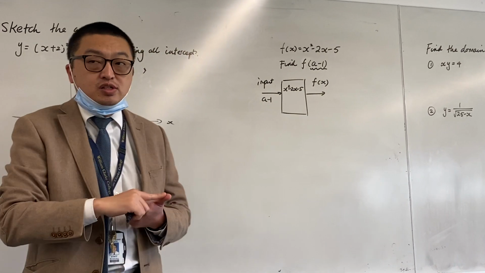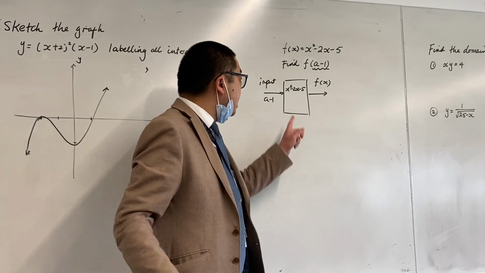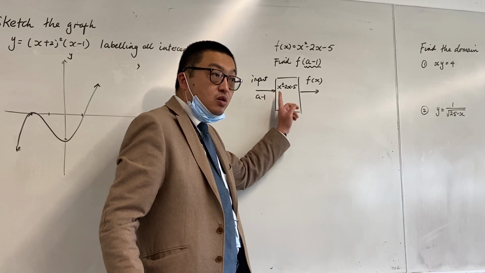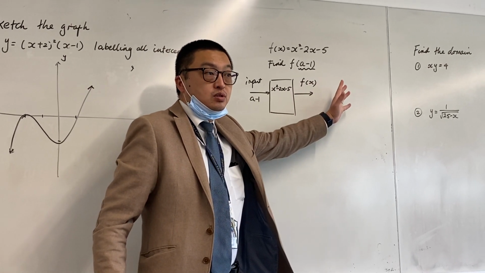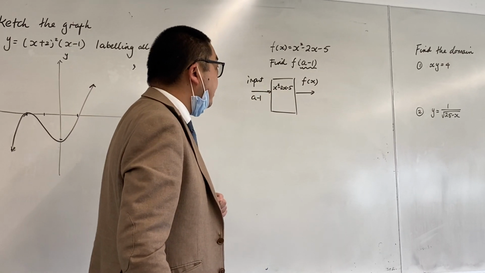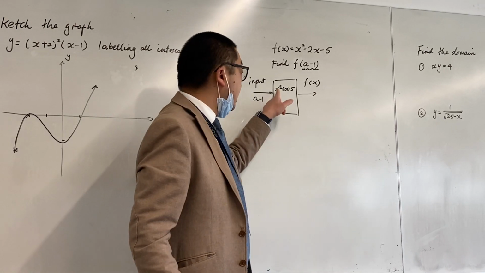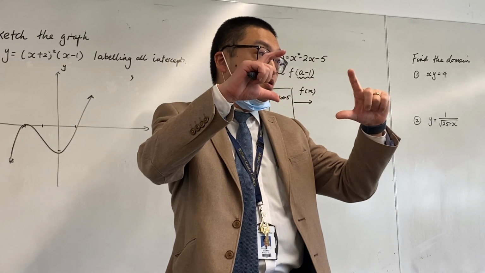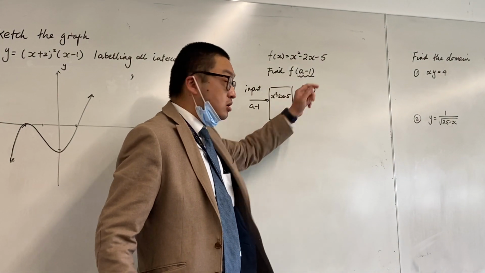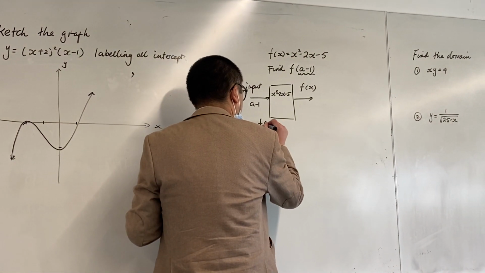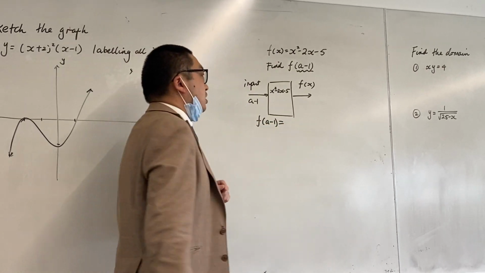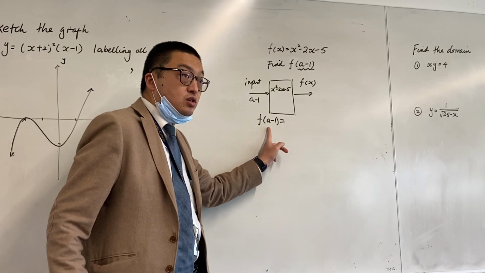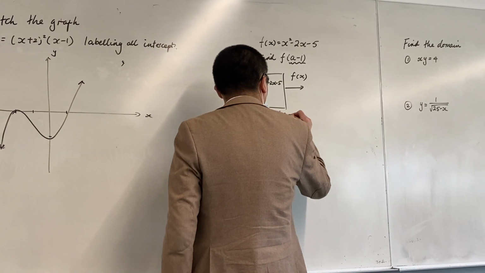Basically, all that means is when x equals a minus 1, I perform this expression, what is the final output? All you have to do is, whenever you see x, replace x with the bracket. So if the input is a minus 1, whenever I say x, x is the bracket, and I put it in.